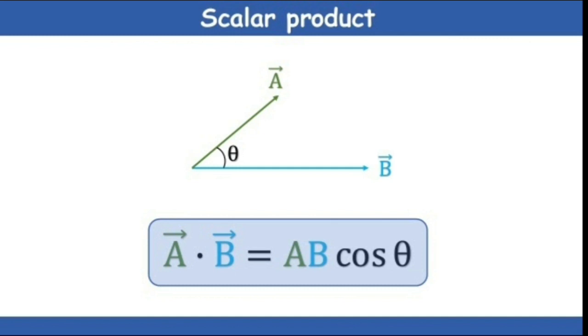So here there is no direction since it is a scalar product, and it is represented by a dot in between the two vectors, and that is why the other name, dot product.